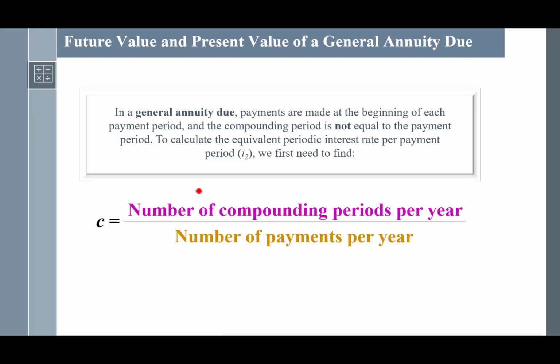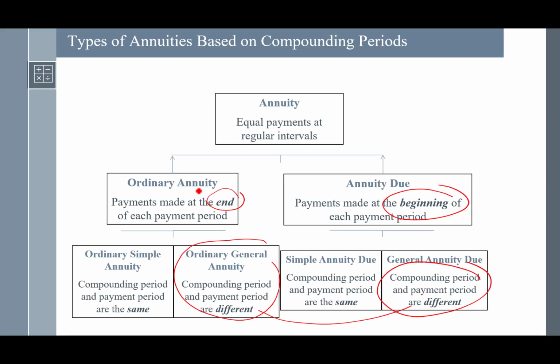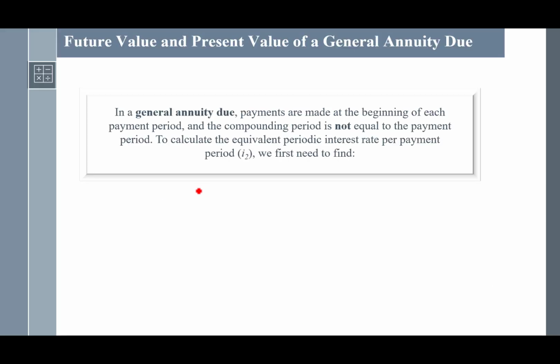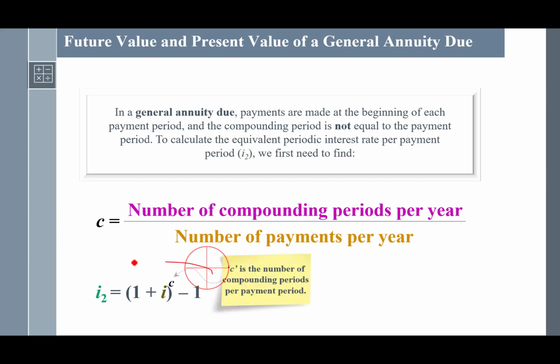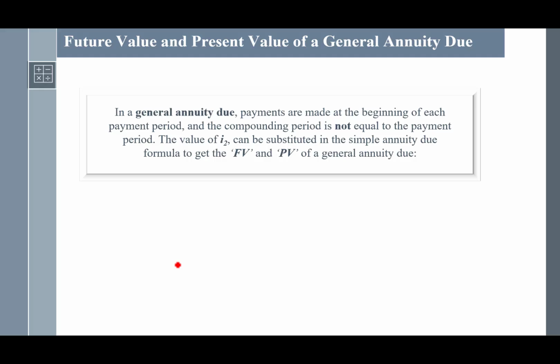So here, similar to what we did with the ordinary general annuity, we have to find the periodic interest rate based on the compounding period. We call it I2, which is (1 plus I) to the power C over P, minus 1. That's, of course, if you're using the formula, but we're not using the formula.